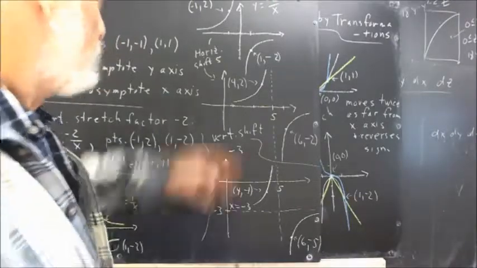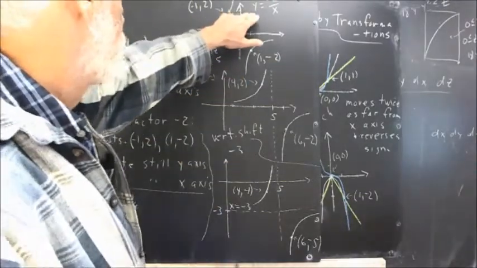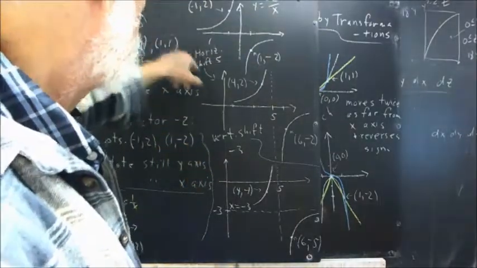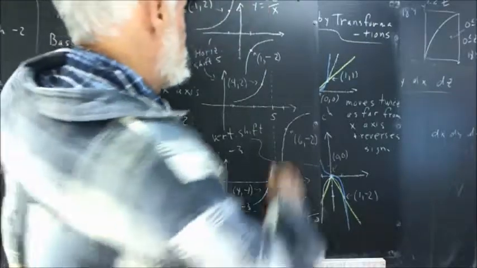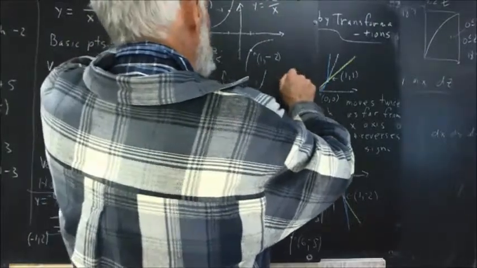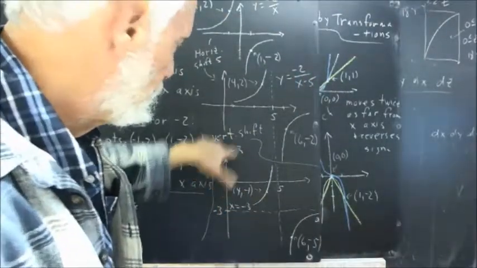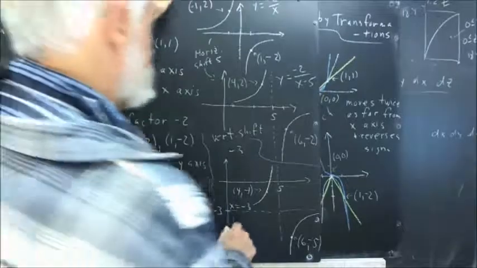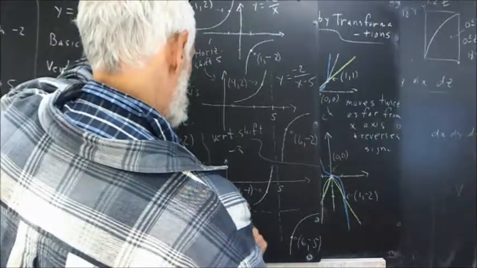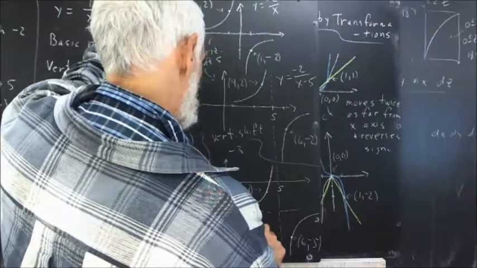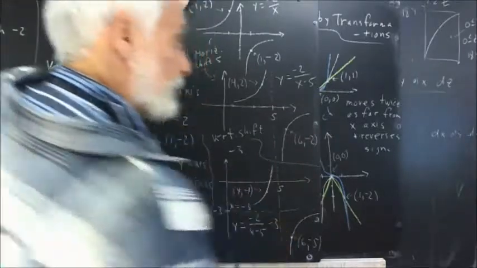Okay, and now this graph after the vertical stretch was -2 over x. We did a horizontal shift of 5, which replaces x by x minus 5. So this function is -2 over x minus 5. And then we did a vertical shift of -3, so that the function is y equals -2 over x minus 5, minus 3.